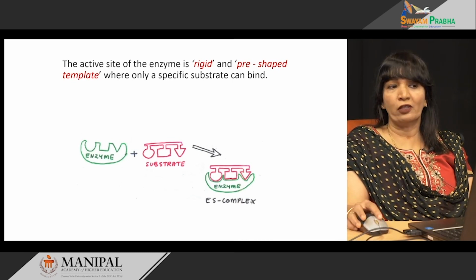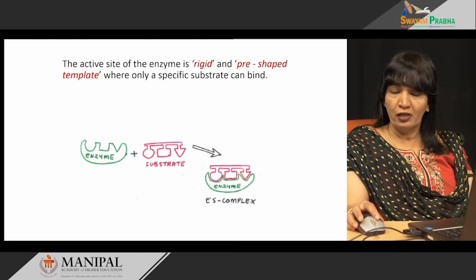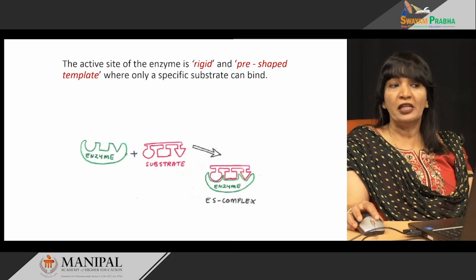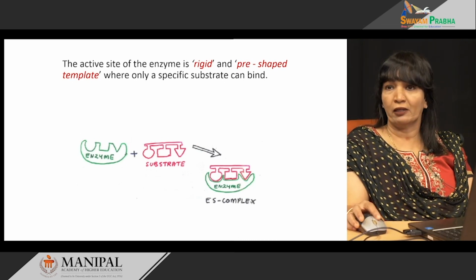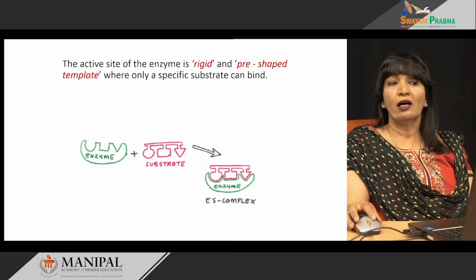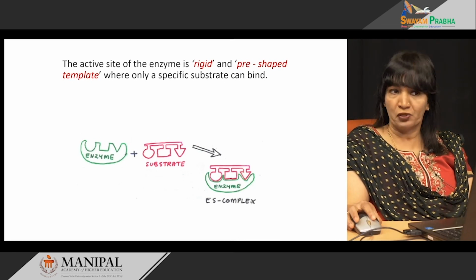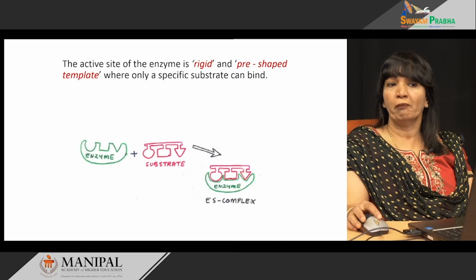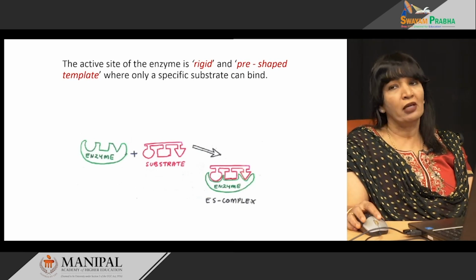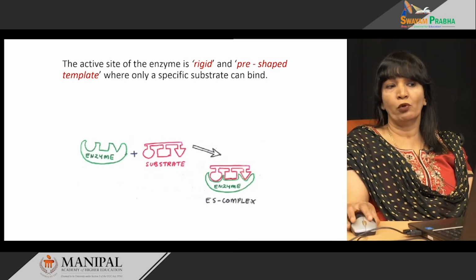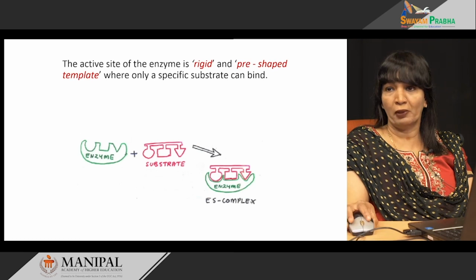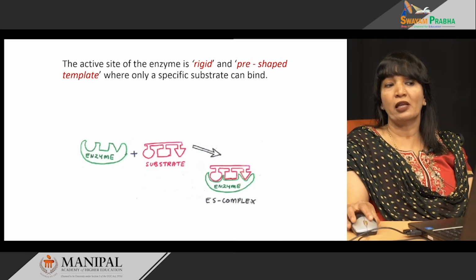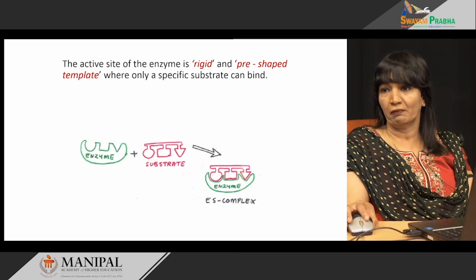So, the active site of the enzyme is rigid and it has a pre-shaped template where a specific type of substrate can come and bind. This theory explains enzyme specificity. Now you can see, in the ES complex, how exactly this substrate has bound to the active site of the enzyme.